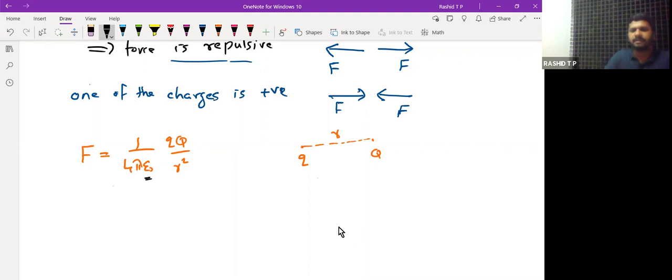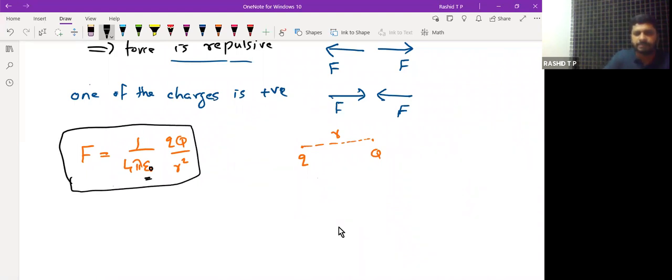If the charges are in free space or vacuum, this is the expression for the force.